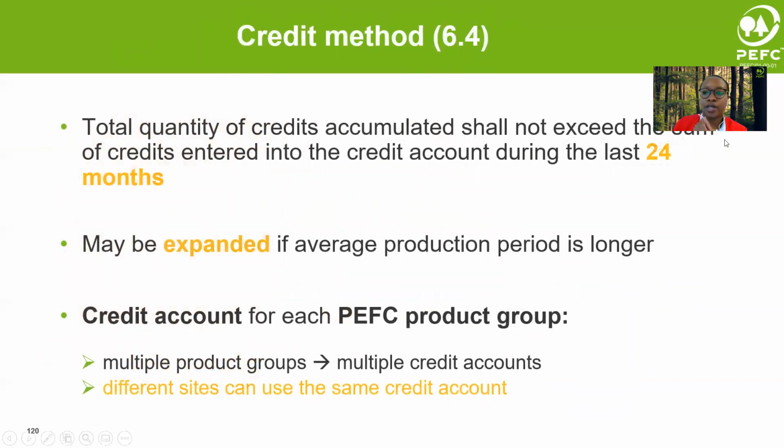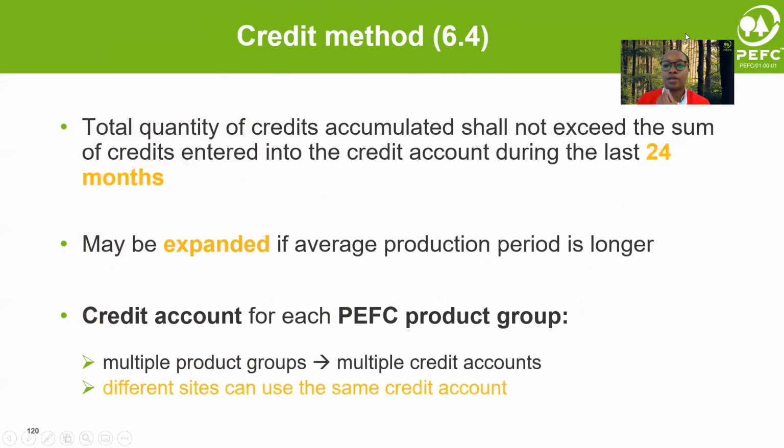Under the credit method, the credits accumulated cannot exceed the sum of credits entered into the credit account during the last 24 months. This account may be expanded to 36 months, for example, if the average production period is longer.